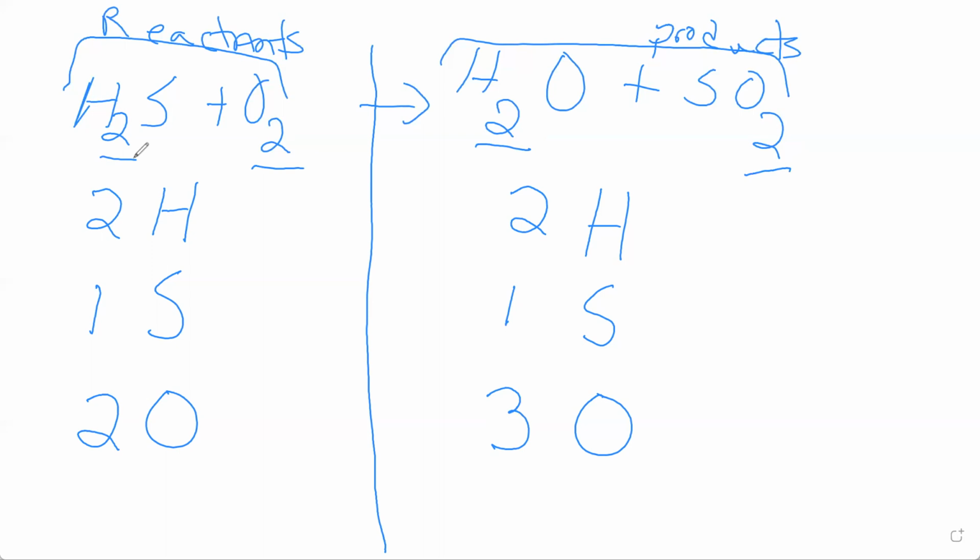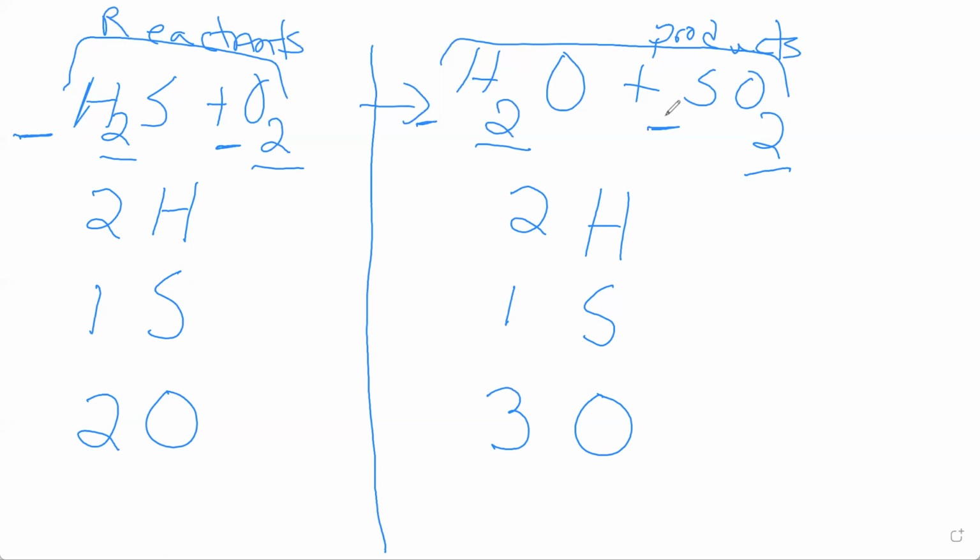That we can't change. What we can change is a number before any of these, which we call a coefficient. Okay, so the coefficient we can change. The coefficient is multiplied by each of the subscripts. So in all of these compounds we have in this equation, it is understood that our coefficient in front of each compound is 1 because we don't see a number there, but we can change that.